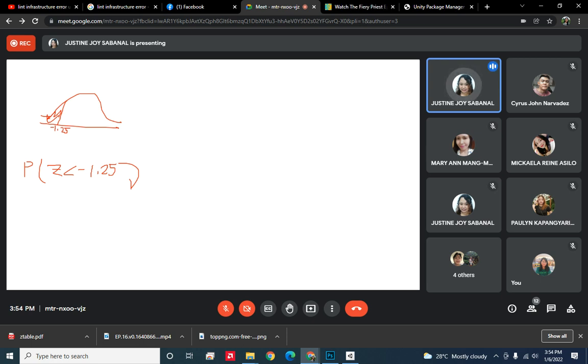So, we have negative 1.25. So, that is negative 1.2 tapos 0.05. So, kung saan po nagkaroon ng point of intersection, yung negative 1.2 at saka 0.05 po, yun yung magiging value ng ating area po. So, ano yung value ng negative 1.25?